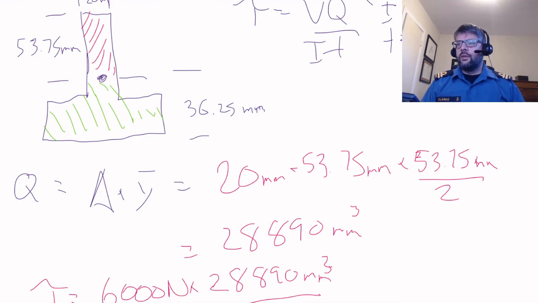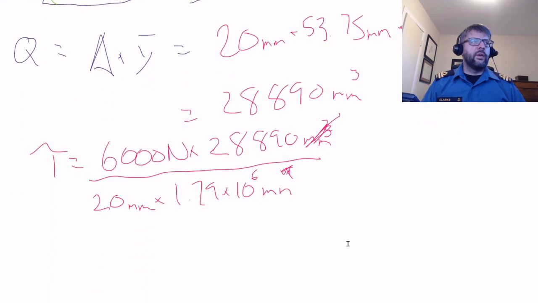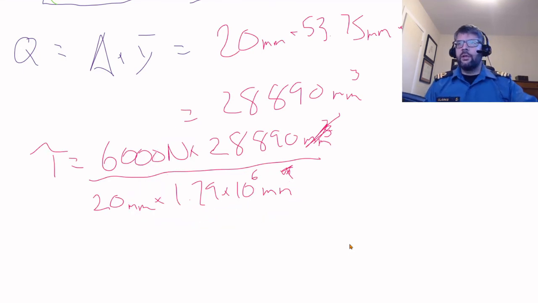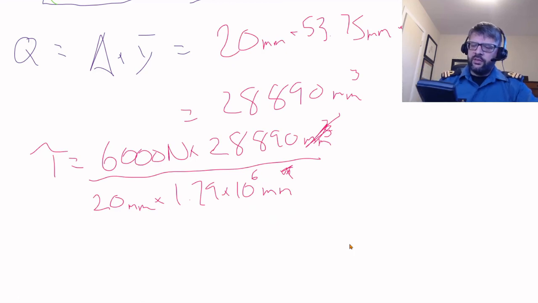So these millimeters get canceled out, eliminating all but one of the millimeters on the millimeters to the fourth, leaving our overall units newtons per millimeter squared, which works out to megapascal. So 6,000 times 28,890 divided by 20 times 1.79 E6.